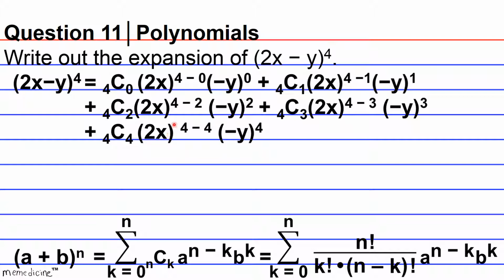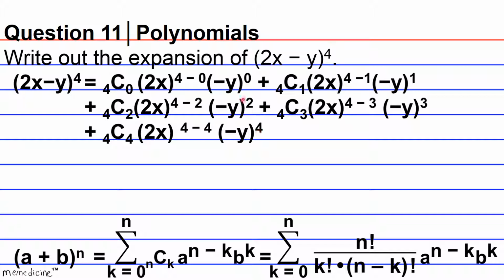And notice that for the a term, the exponent that a is being raised to is descending, while the exponent that the b term is being raised to is ascending, okay? So that's just something to keep in mind.